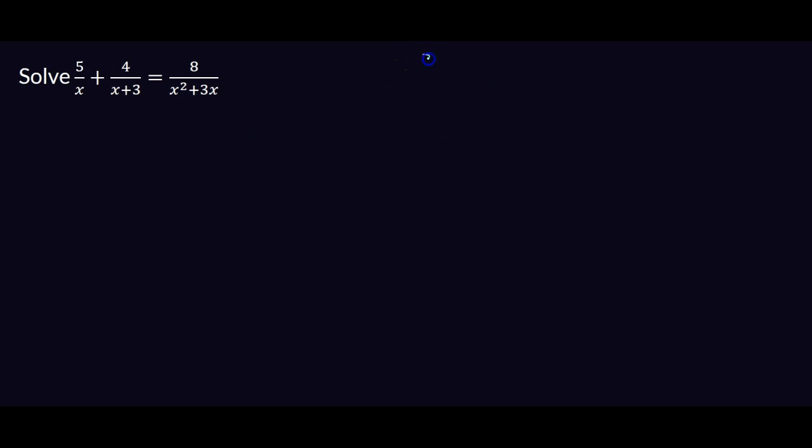Okay, so we have another rational equation here we have to solve. So we have x plus 3, x to the power of 1, and then x squared plus 3x, which is the same as x multiplied by (x plus 3). So we're going to multiply every term by x multiplied by (x plus 3).